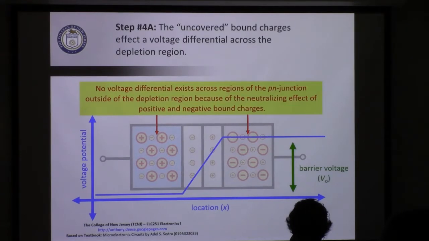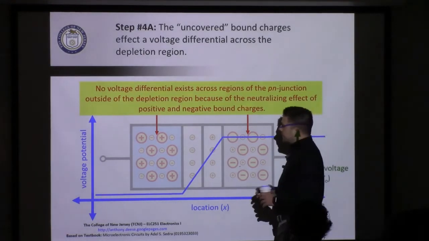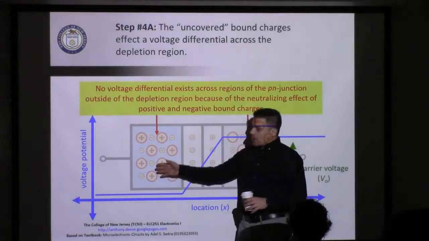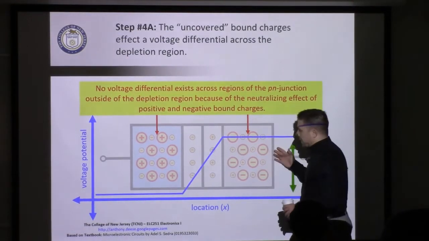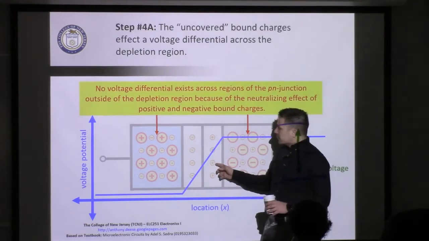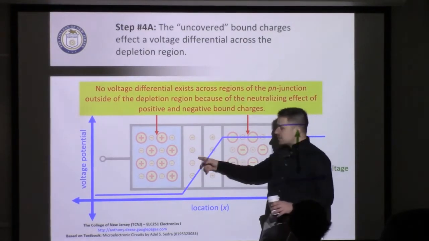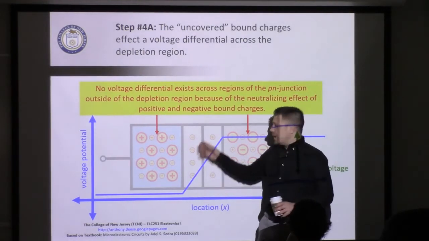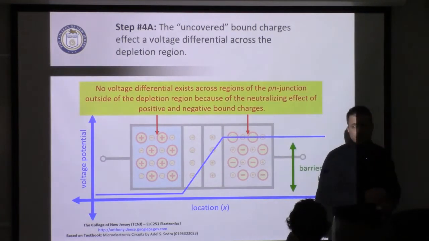Now, the uncovered bound charges in the depletion region, let's talk about them for a second. These were all electrically neutralized, but now they lost their partner. So what we see is a barrier voltage does build up in the depletion region as a result of the uncovered bound charges.